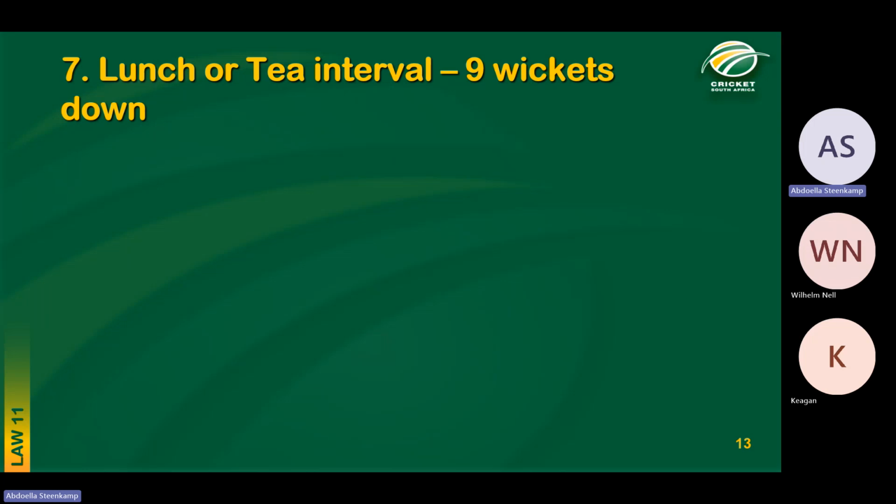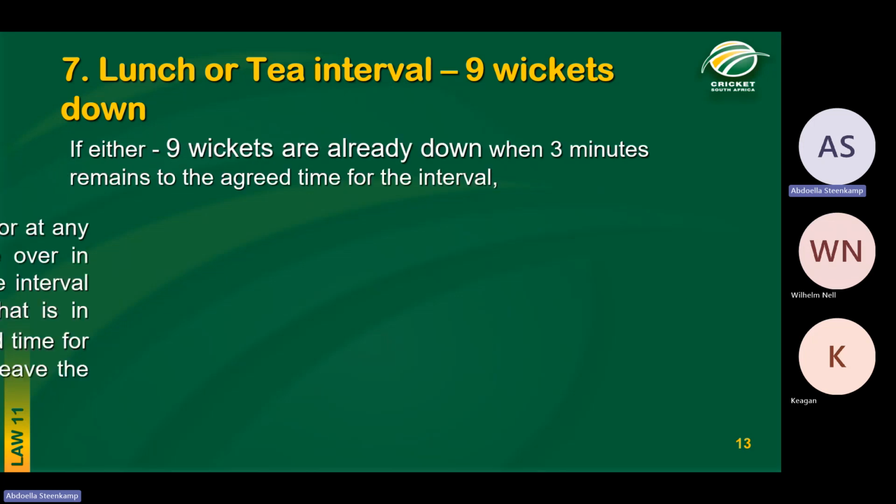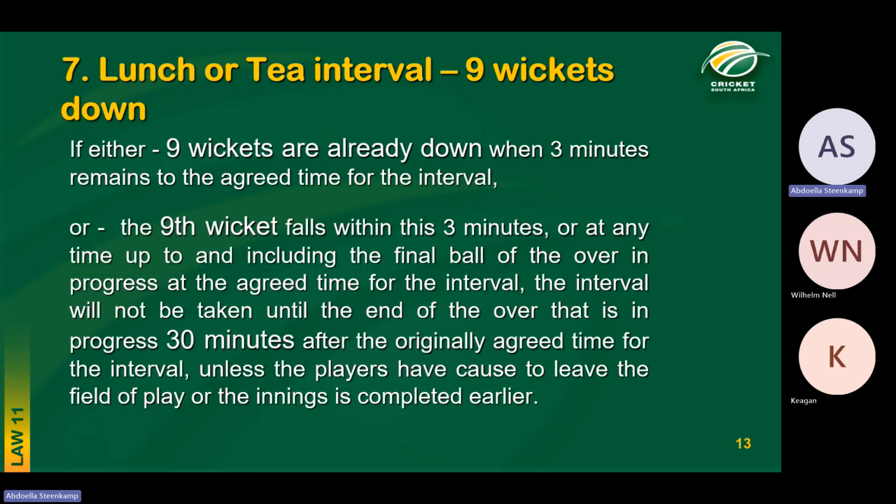So a time-saving mechanism that the lawmakers brought into the game was this: when a side is 9 wickets down and we get to our tea interval, we will not take an early tea. We will not take tea.